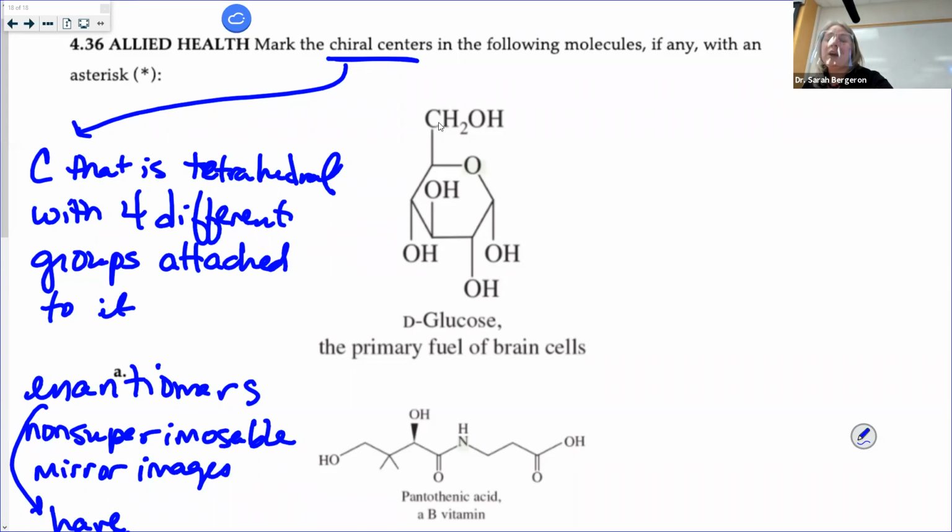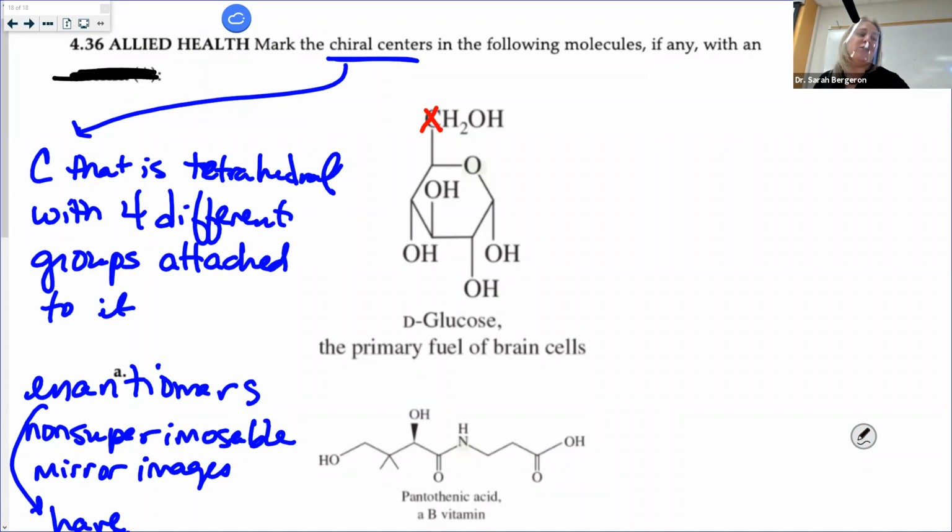Well, it's bound to two hydrogens, an oxygen, and another carbon. So it is tetrahedral. It's got four things attached to it, but is it four different things? No, it's not. So I'm going to draw a red X on it. I'm going to cross it out. It's not chiral.